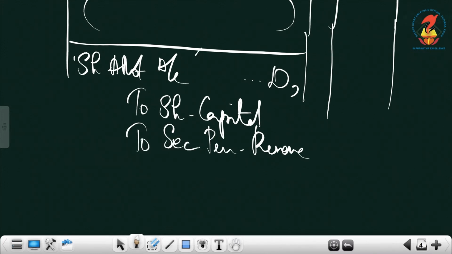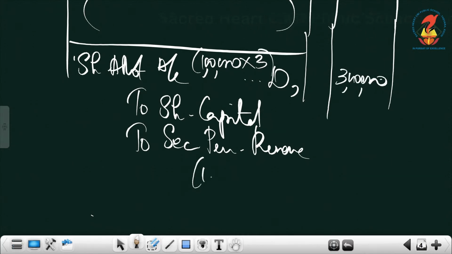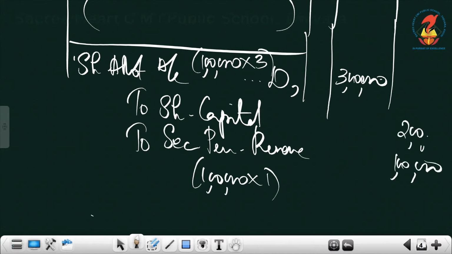Share allotment will be 1 lakh shares into, everywhere you are considering this 1 lakh. 1 lakh into allotment per share is 3. So it is 3 lakhs. The securities premium is 1 lakh into 1. So 1 lakh. Balance you can write for share capital, that is 2 lakhs.